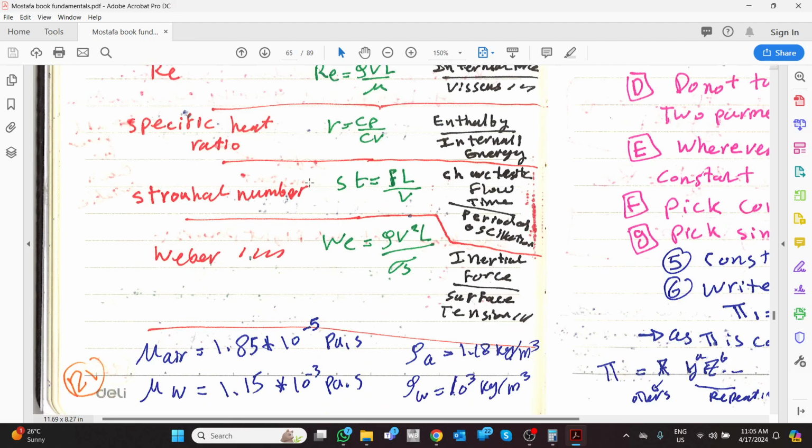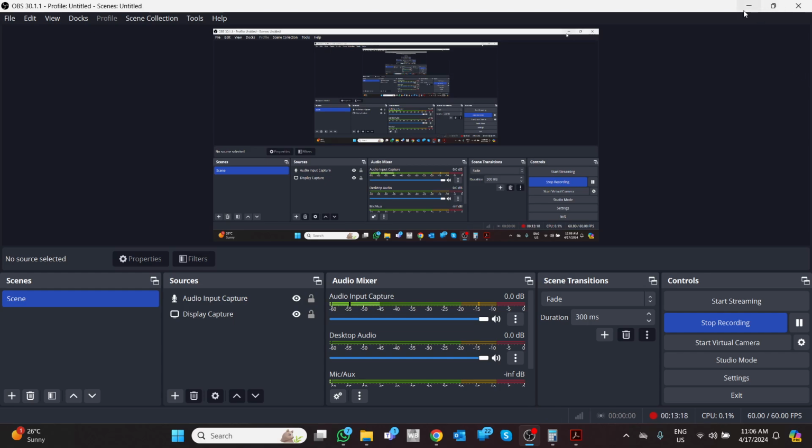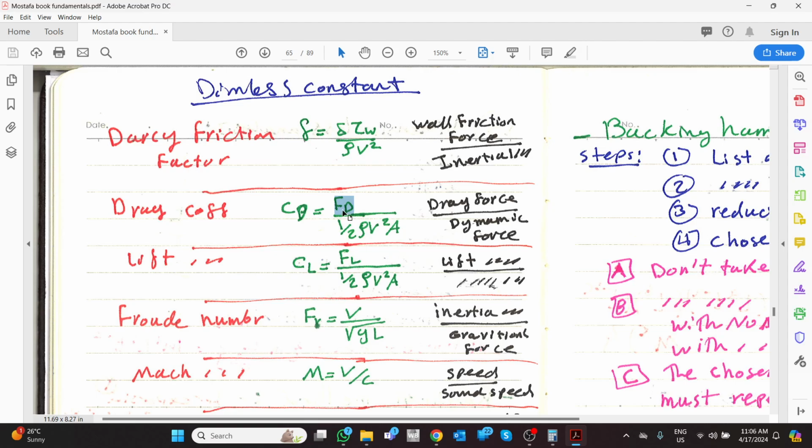For example, drag coefficient, which is the drag force divided by the dynamic force: drag force divided by half of rho v square A. So I need to take repeating parameters that represent this, because when I divide the primary parameter by them, it will create a dimensionless quantity.